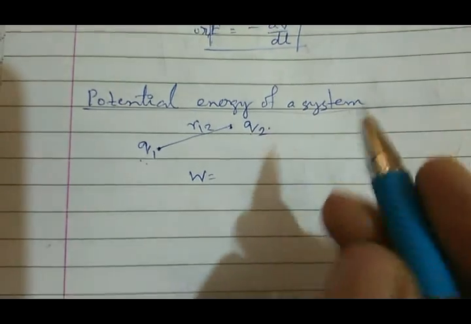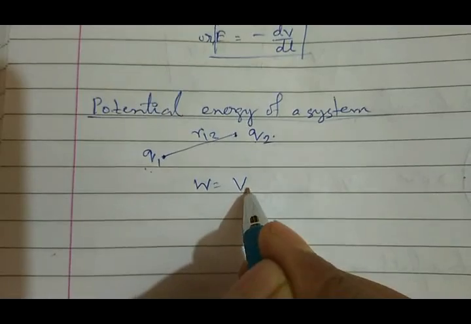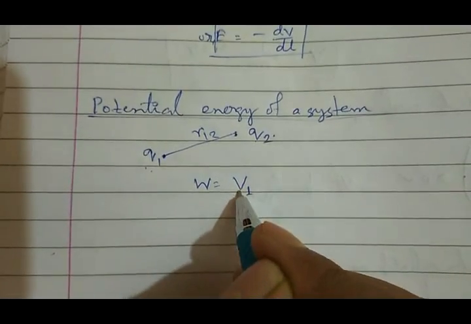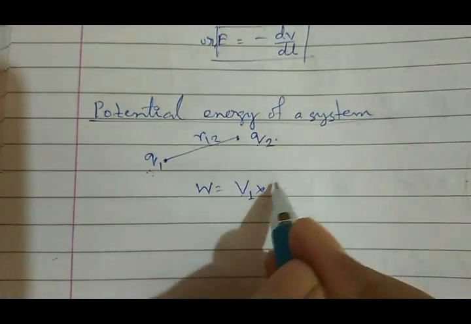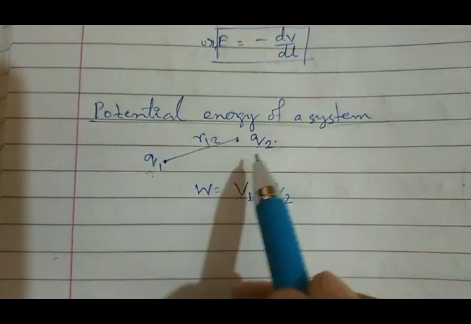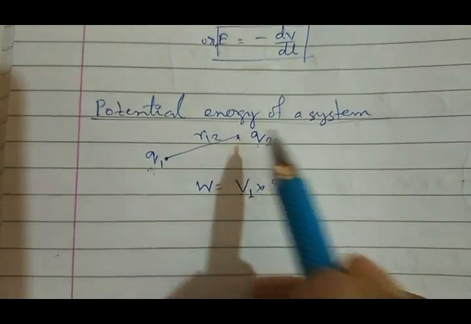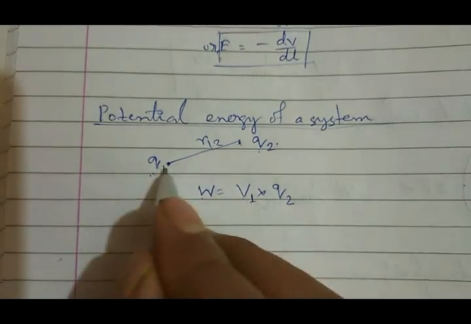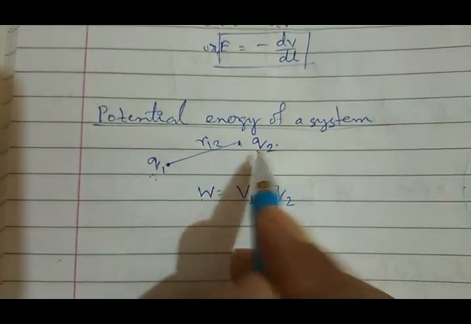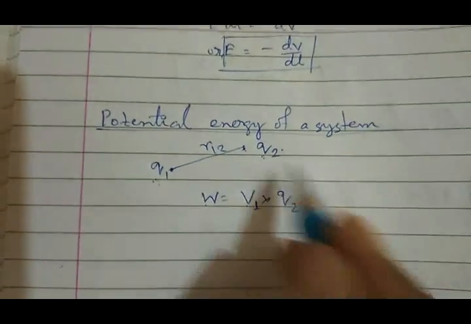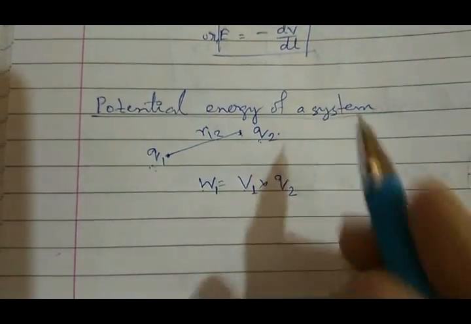W equals VQ, so that is V1, the potential at this point due to this charge, multiplied by this charge Q2. So in bringing this charge from infinity to this point R12, the work done is the potential due to the first charge at this point multiplied by the charge of this charge. Okay, so this is W1, the work done in bringing this charge.